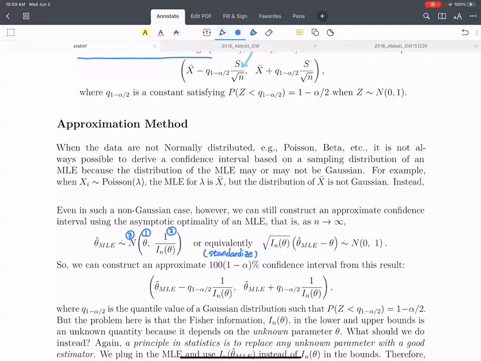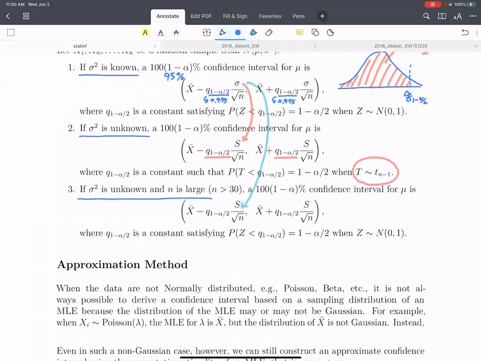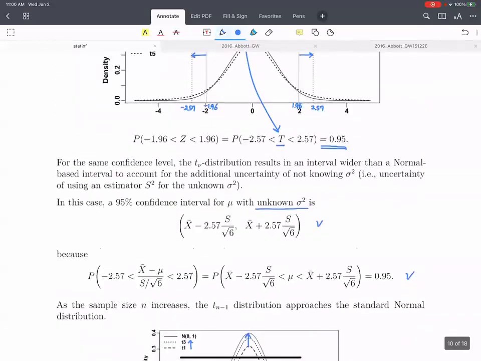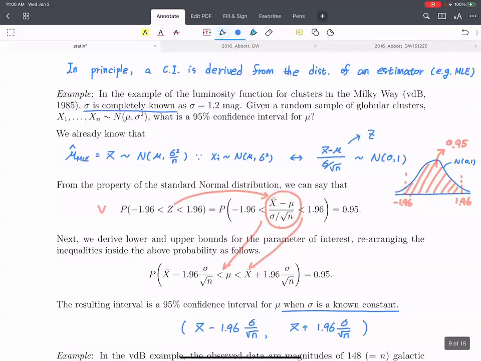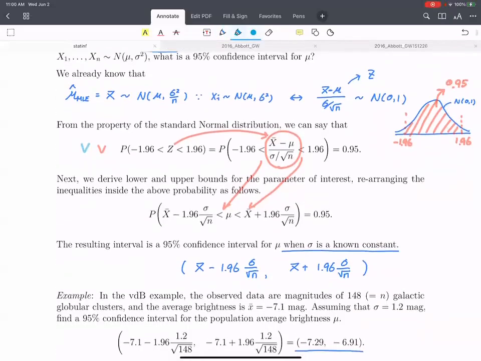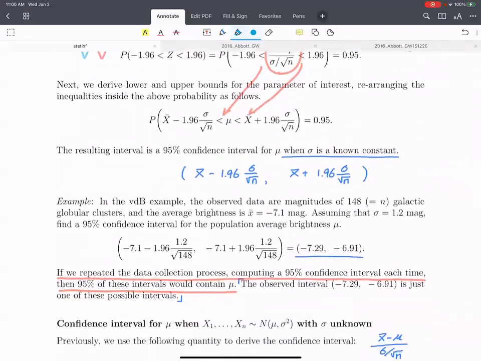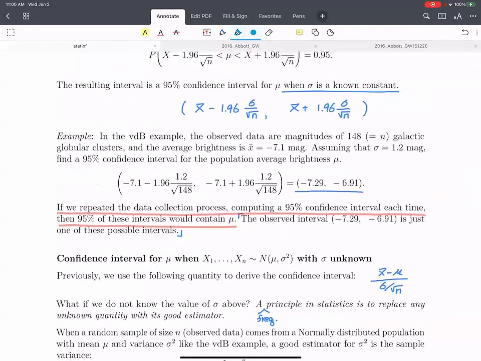We have the distribution of an estimator, and we know that we could get the distribution, although this is approximate. So we can just go back to our previous setting. In the first scenario, we can just replace Z in the middle with the standardized MLE, which is based on the Fisher information.